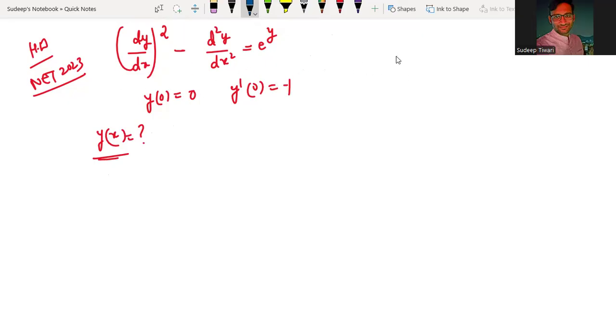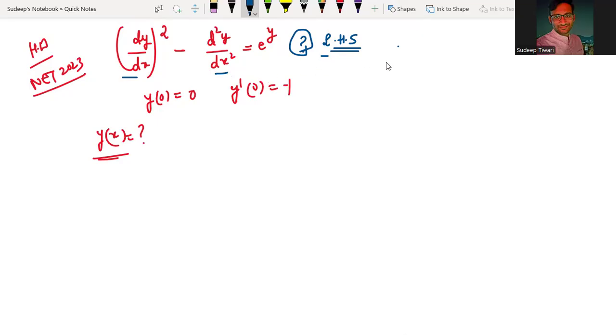Like yesterday I tried with d by dt of that kind of thing. So obviously this kind of pattern on the left hand side will happen. Where do you see? You have to just figure that out. And if you can figure that out, you'll be able to understand.